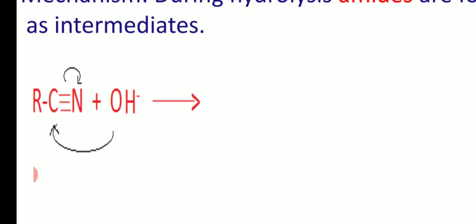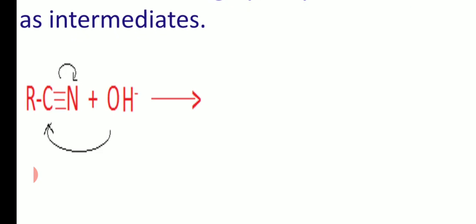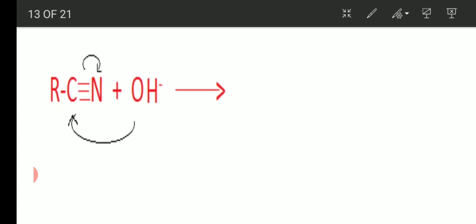Here in R C triple bond N, what is happening? This pi bond is shifting towards nitrogen, because when compared to carbon and nitrogen, the electronegativity of nitrogen is more than that of carbon.